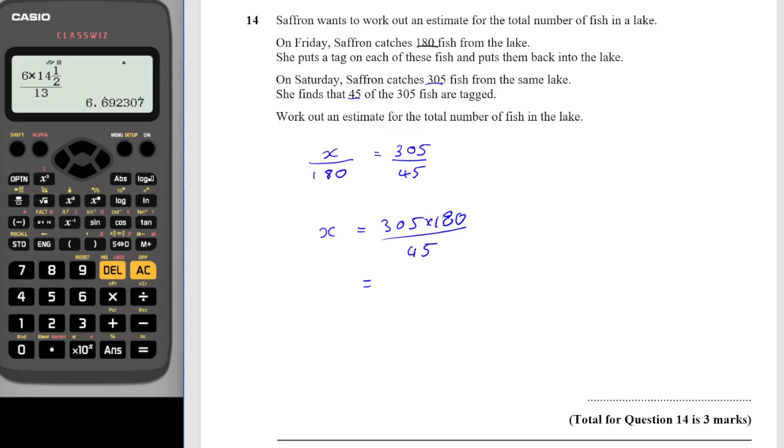So we're doing 305 times by 4, which would give us 1,220. So 1,220 is my estimation for the population of the lake.